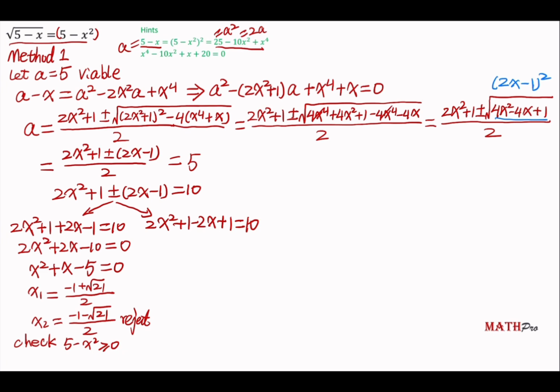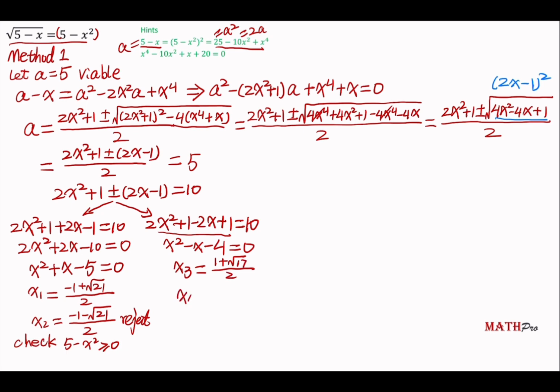Now, similarly, this equation here can be simplified as x squared minus x minus 4 equals 0. So we get two roots. X3 equals (1 plus square root 17) over 2.